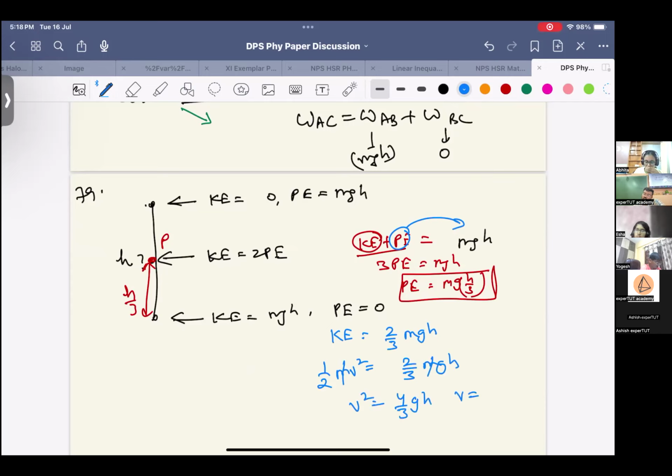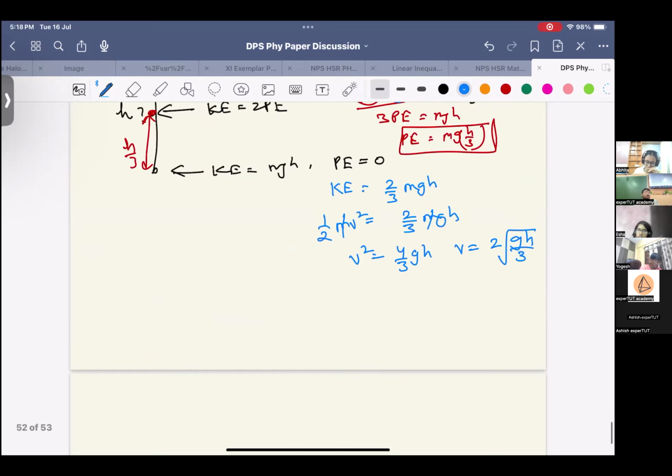So V is equal to the root of 4gh by 3. Understood? Guys, have you understood?